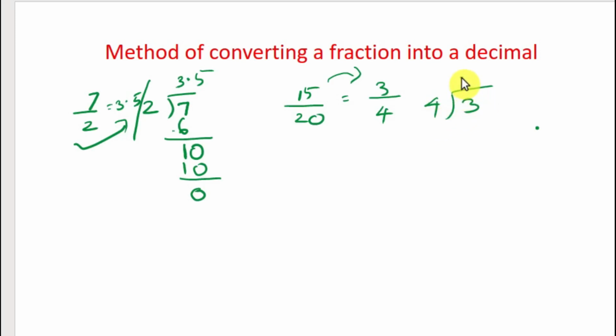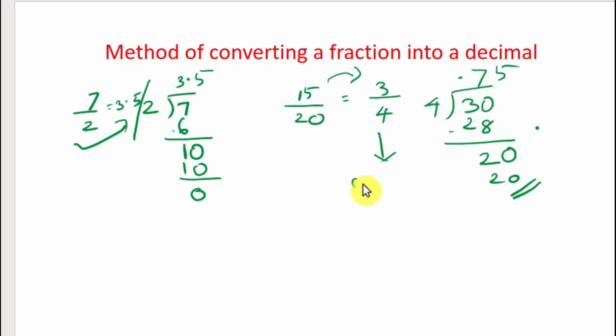So I'm keeping a point here, putting 10 here. 7 fours are 28. 30 minus 28, 2. So I'm adding 0 here. 5 fours are 20. So 0.75. Fraction into a decimal. Okay.